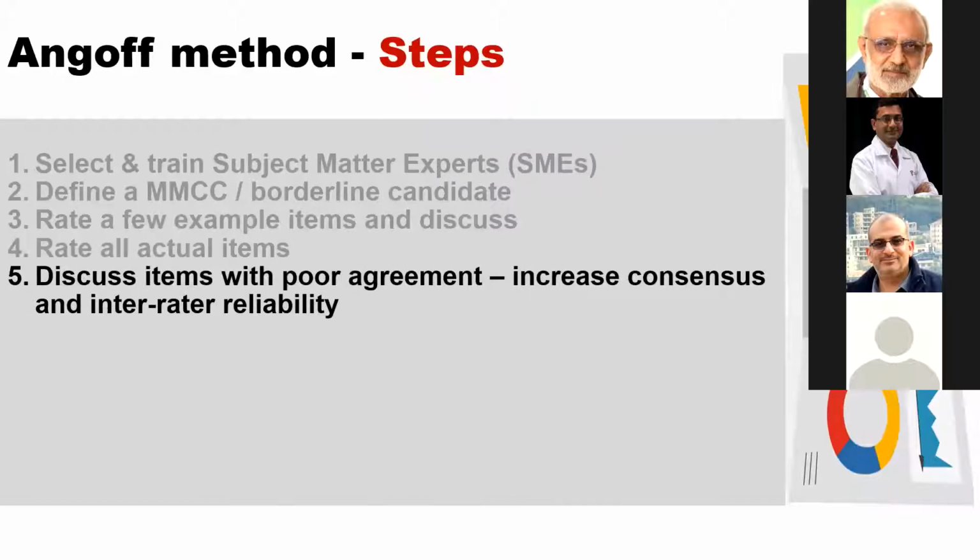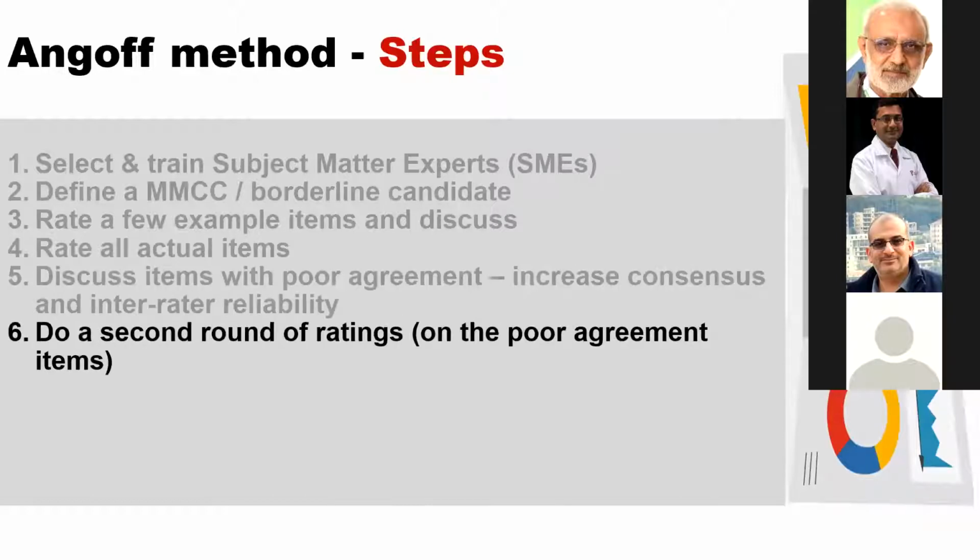And then the items where there is poor agreement among the SMEs would be discussed again to arrive at a consensus and to increase the inter-rater reliability. After this agreement, a second round of rating would be conducted on the poorly agreed items.